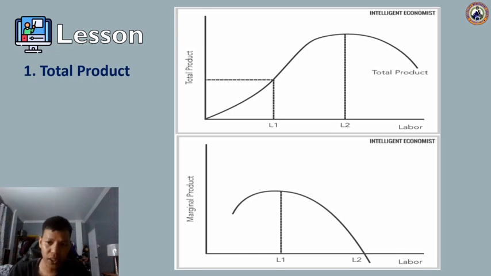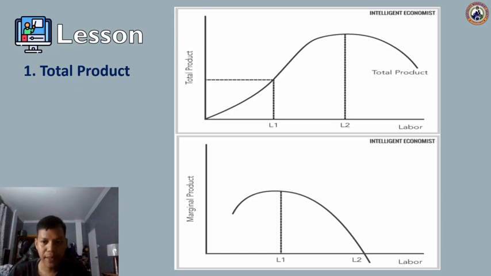These are the fixed factors of production. With no workers, the output is zero, because the workers are the ones who produce the products. With one worker, the output is X units.